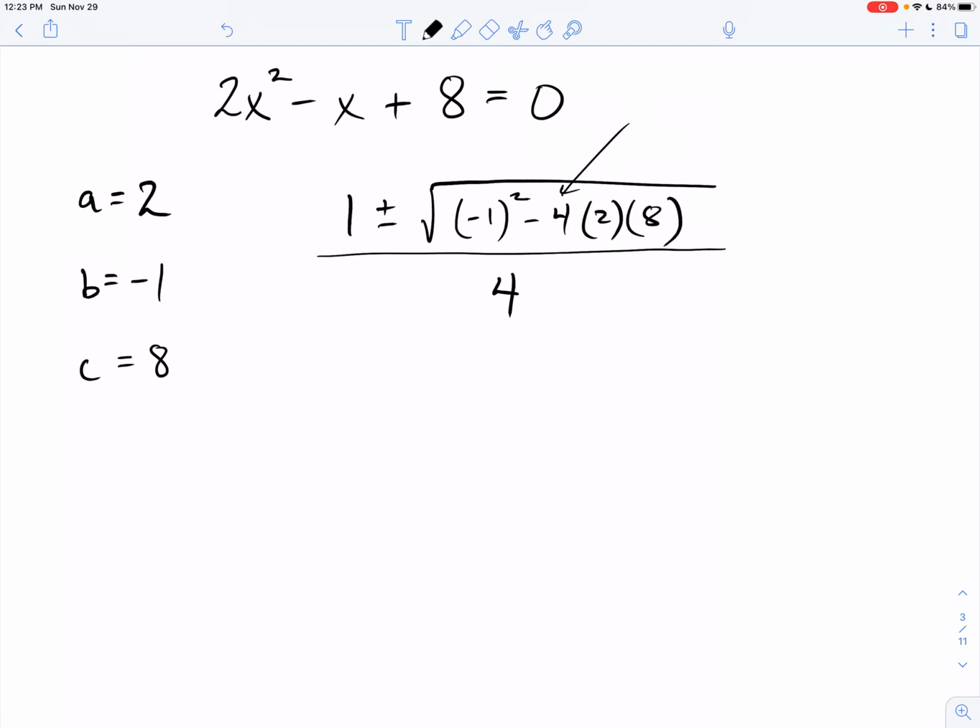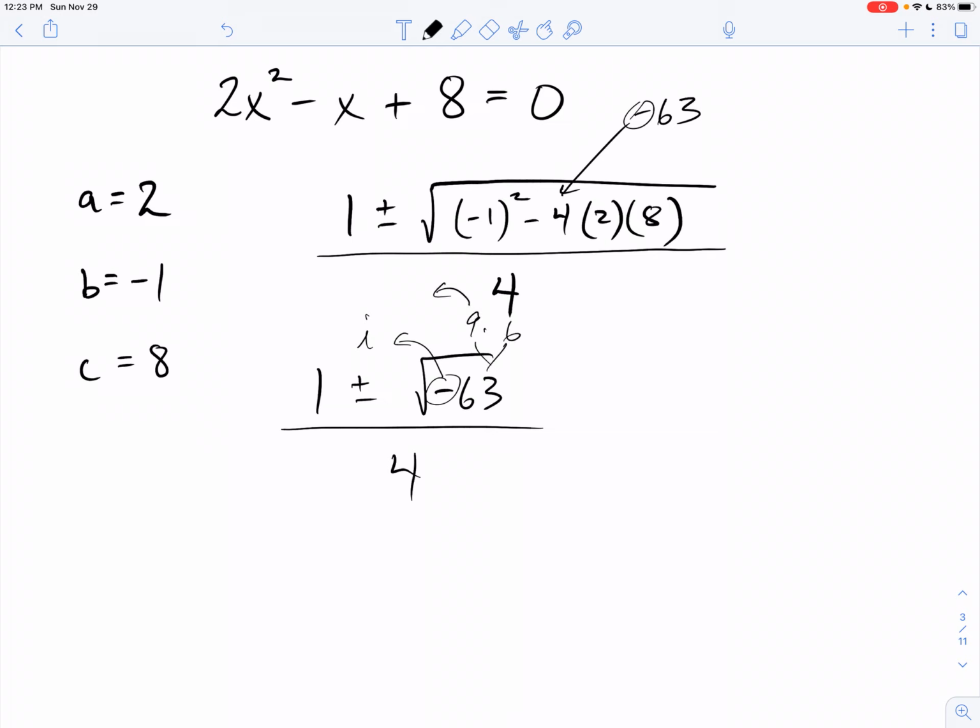Okay, sometimes I get ahead of myself. That's negative 63. I see some i is about to pop out of that thing. See, 1 plus or minus square root negative 63 over 4 is not simplified. I can also say, hey, 63, you look like you're 9 times 6, and I could pull out a 3.